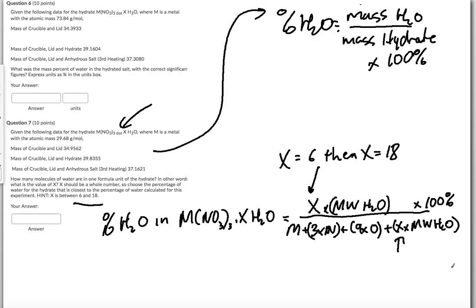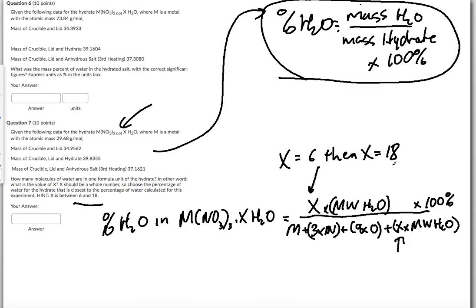And then I would see which one of those was closest to the percentage of water that I got up here in this answer. And then you can sort of zero in on it. If it's closer to the value you're getting for the 18, then you know it's going to be closer to the 18. And eventually you'll be able to zero in and figure out what the value of x is going to have to be in order to match what you're seeing there.